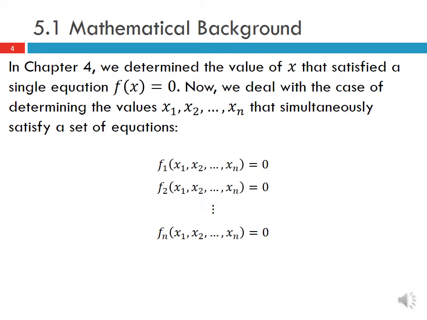And these equations can be of the form f1 of x1, x2 up to xn equals 0, f2 of x1, x2 up to xn equals 0, up to fn of x1, x2 up to xn equals 0. So we have these n functions of n variables, all of the form f of the variables equals 0. We want to find the values of x that make all of these equations satisfied at the same time.